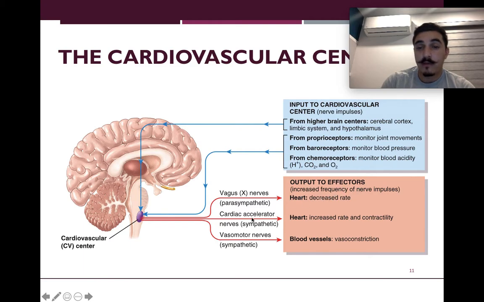Remember, they're the ones that receive it. It goes to the heart by nerves, the vagus nerves, the cardiac accelerator nerves, and the vasomotor nerves. They send those signals back to the heart to decrease the heart rate, or to increase the rate or contractility, or to vasoconstrict or dilate. So we send those signals first to the CV center, and then they send signals through the nerves back to tell you what to do.